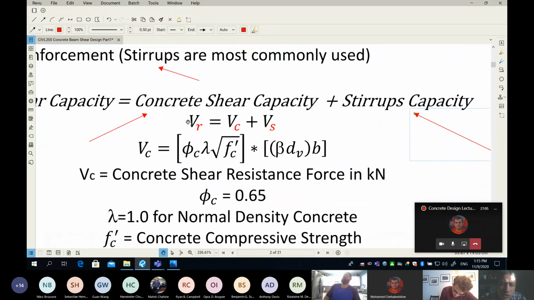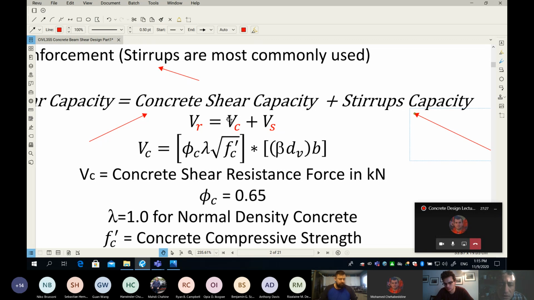Look at the equation. V sub R is the same idea as M sub R. M sub R was the moment capacity. V sub R is the shear capacity. What does shear capacity mean? It means the maximum shear force that this beam can handle. It comes from two components.